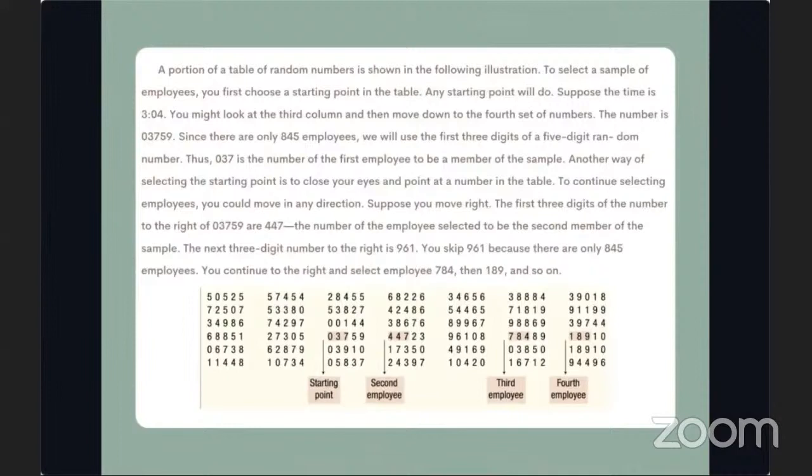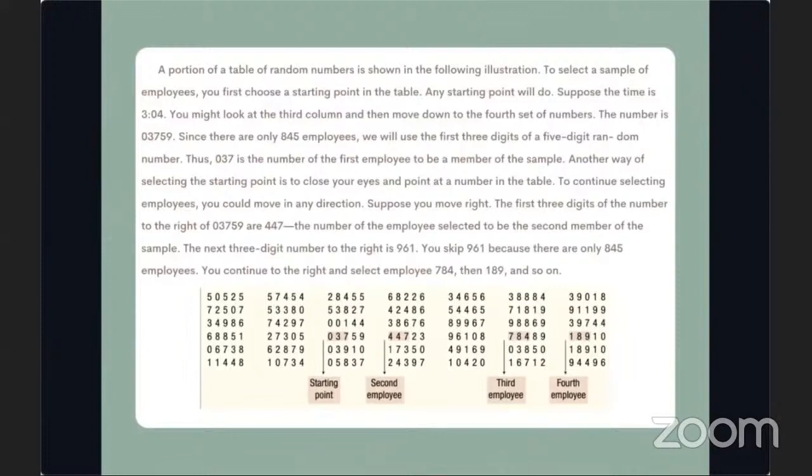The number is 03759. Since there are only 845 employees, we will use the first three digits of a 5-digit random number. Thus, 037 is the number of the first employee to be a member of the sample.